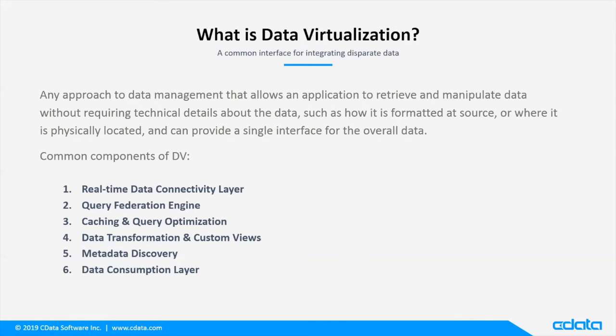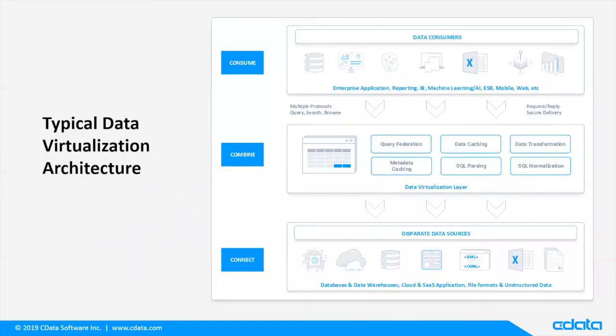Metadata discovery being the data about data. What is the underlying data that you're working with and connecting to? And then data consumption layer, where you can go out and connect to all the underlying disparate data sources that power your business.